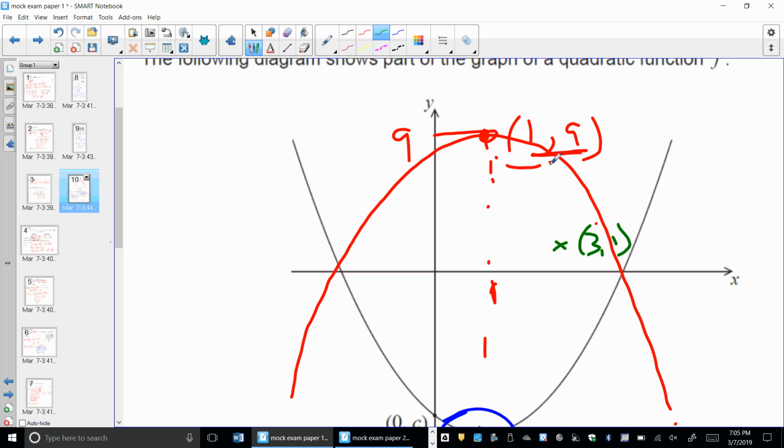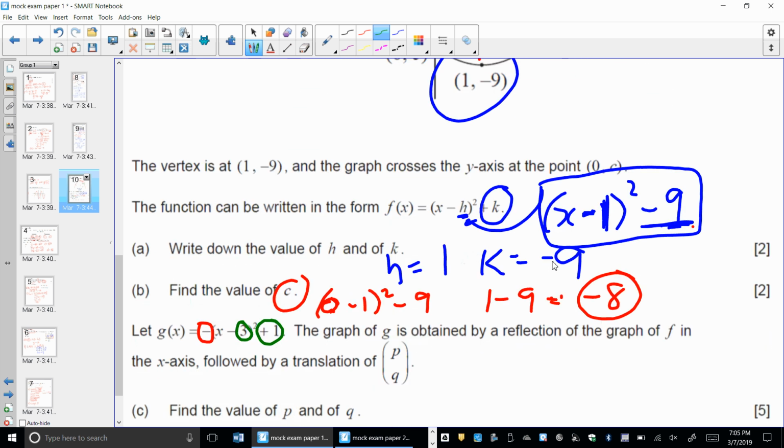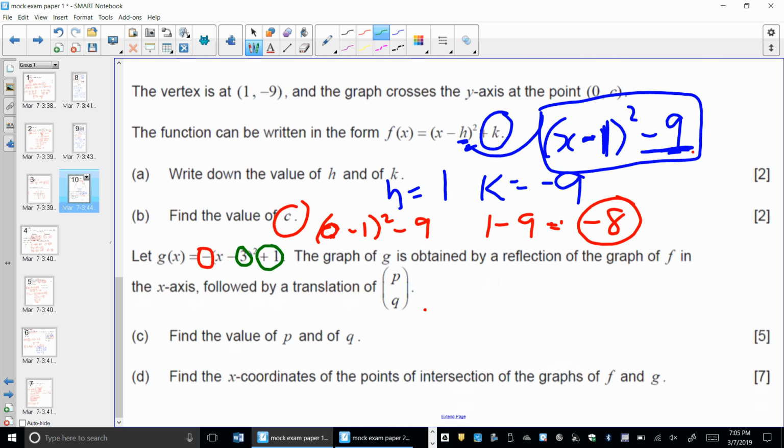Well, we've gone to the right 2 and down 8. So we've gone a translation of 2, negative 8. So P is 2 and Q is negative 8.